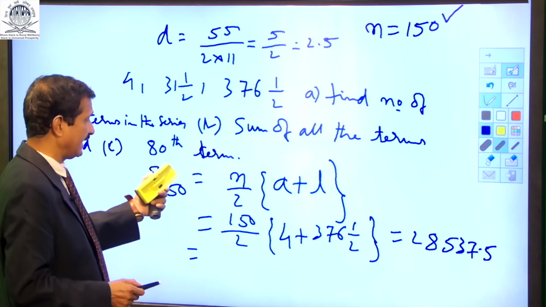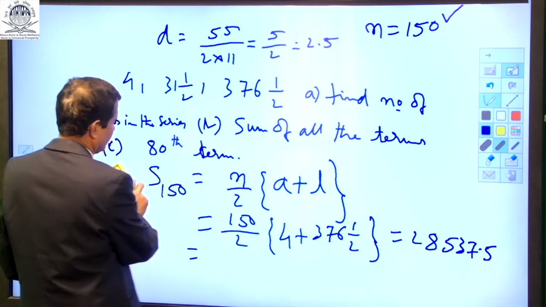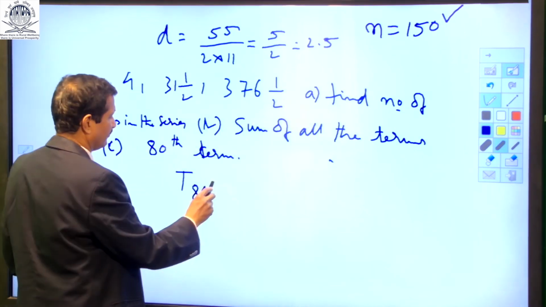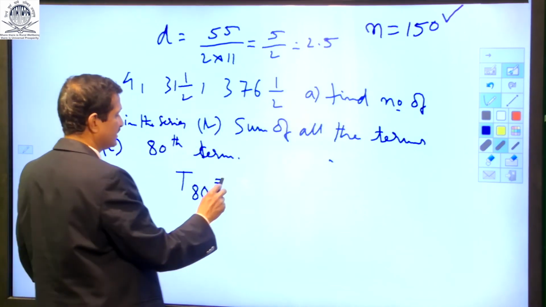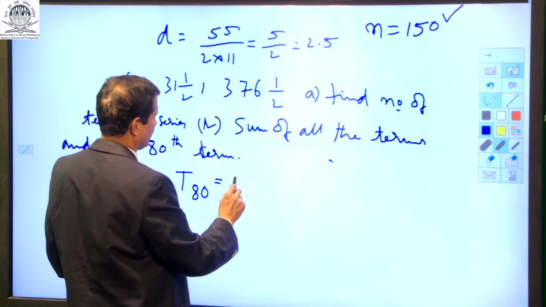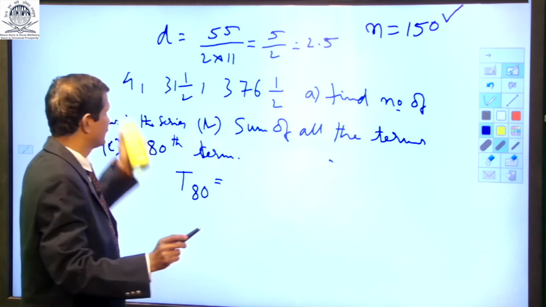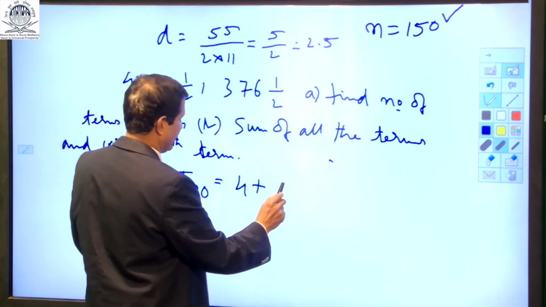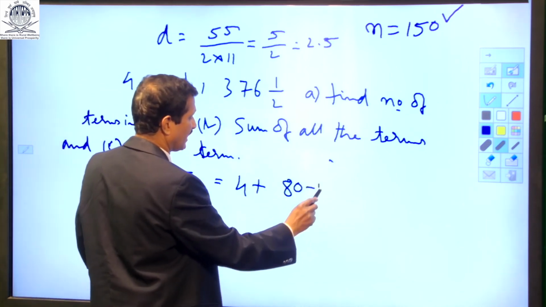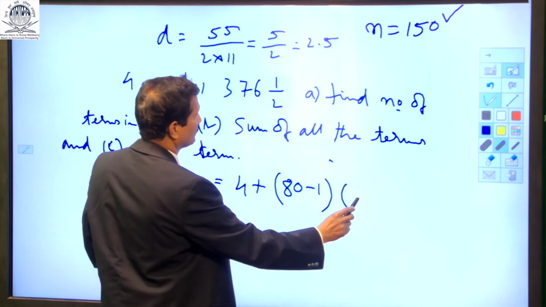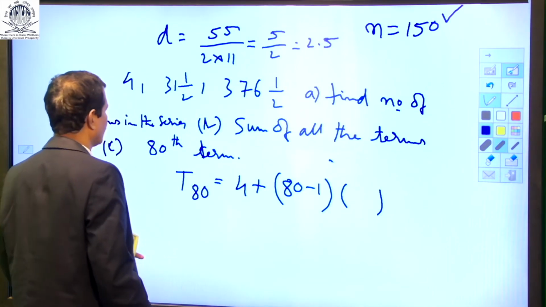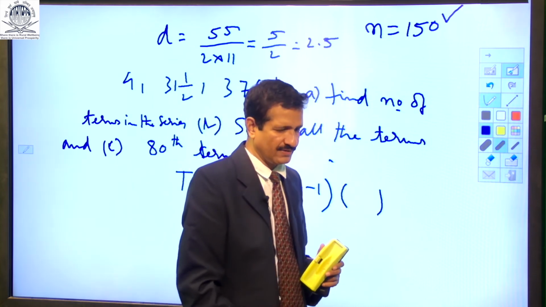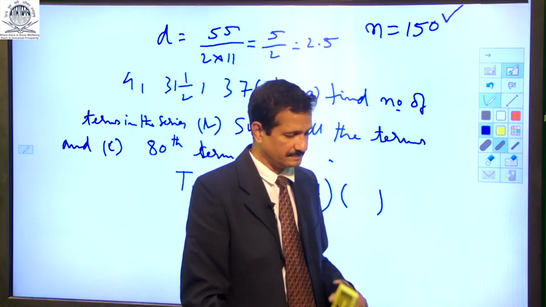Now we will have to find the 80th term, that is T80. The formula for Tn is A plus n minus 1 into D. A is 4 in this case, plus n is 80 minus 1 into D. Find the value for yourself and check your answer.